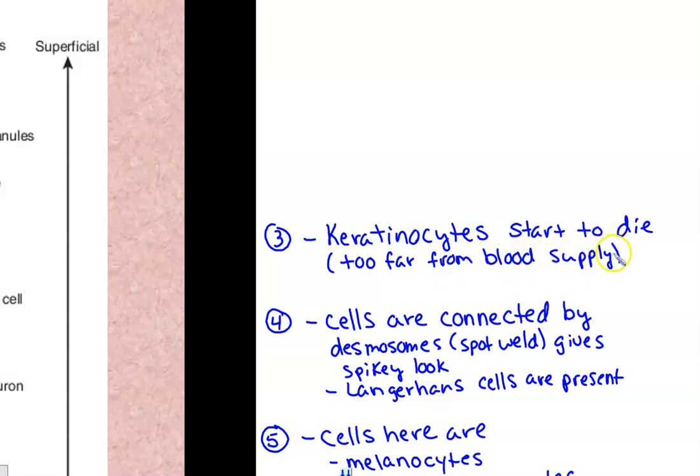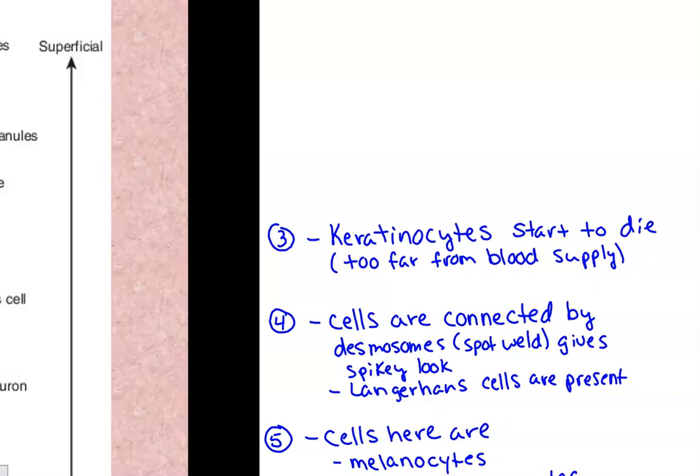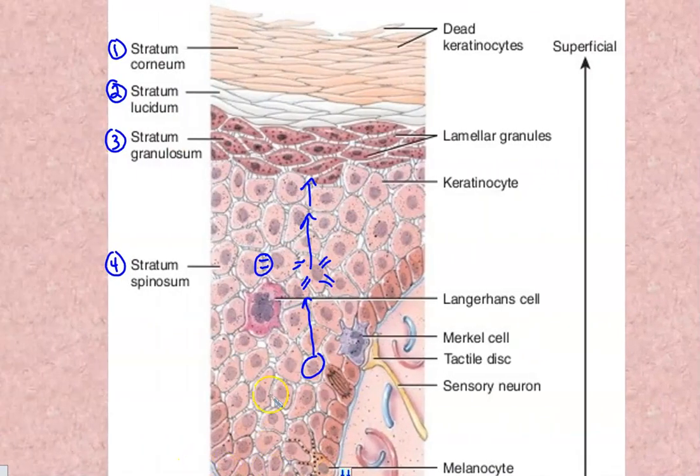Remember, your epidermis is all avascular, and epithelial has no blood supply. So we've moved so far away from the blood supply down in that connective tissue land, which is where those blood vessels are. So we're starting to see them die here.